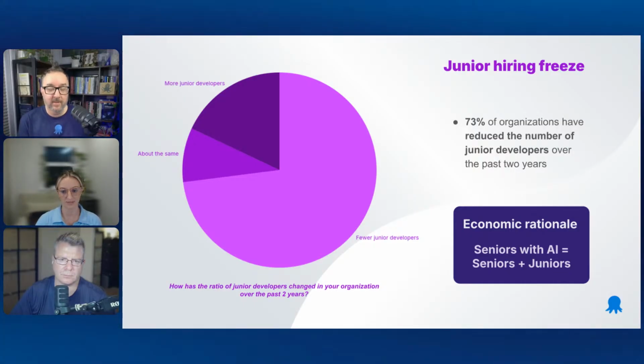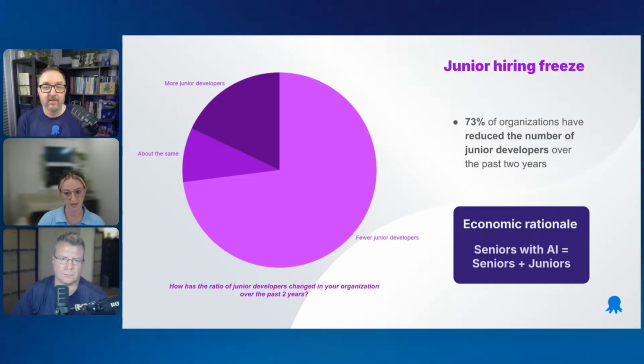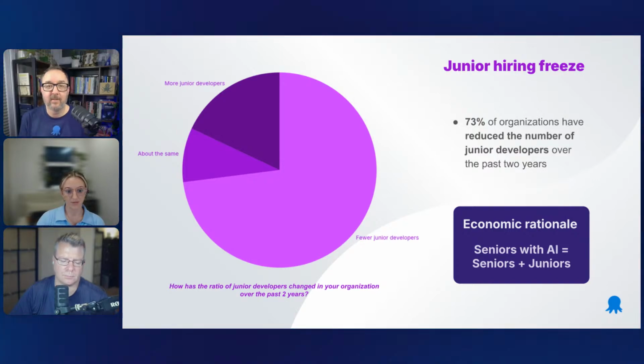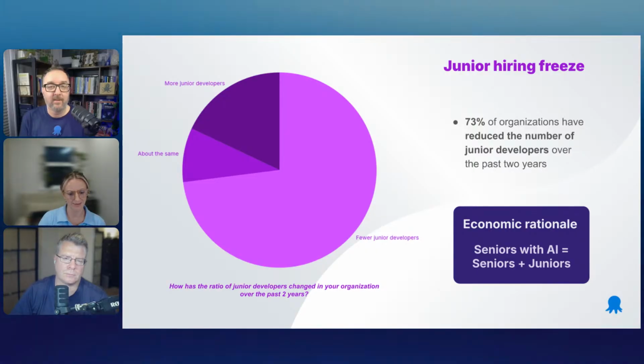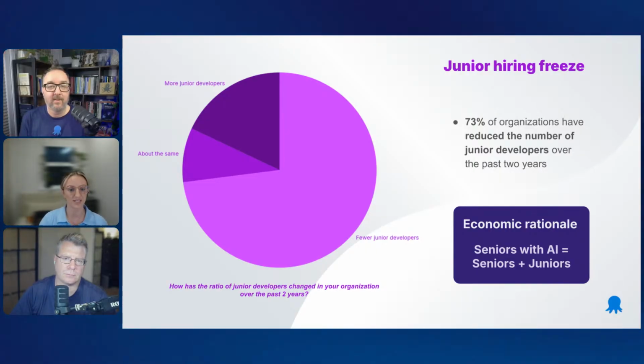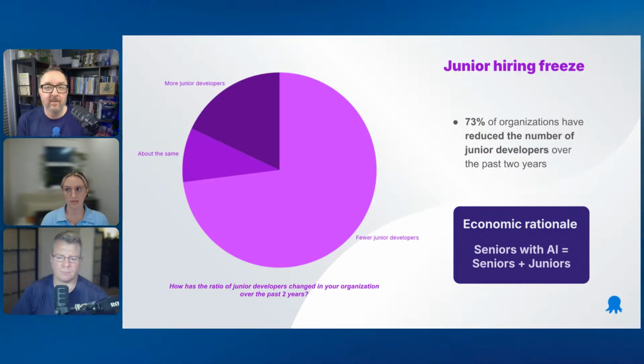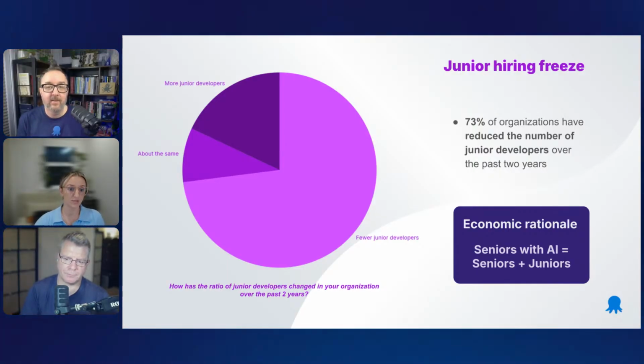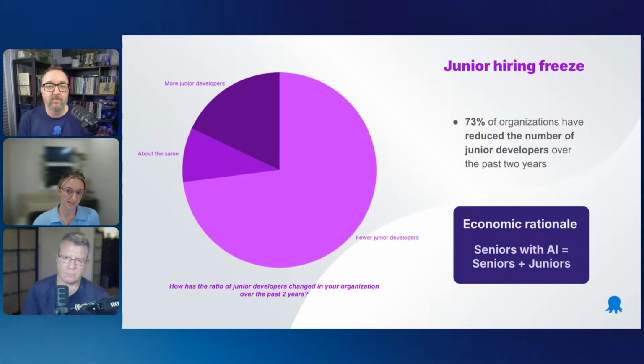It's also consistent with what's been seen at Google and Meta. Junior developer hiring has reduced something like 47% since 2023. You can check that in the report to confirm it, but I think I'm right. It's a huge reduction.